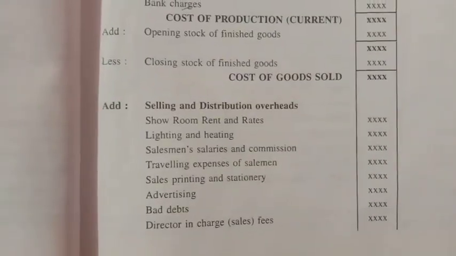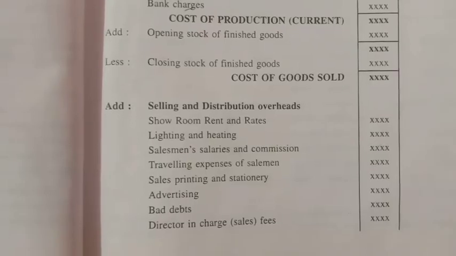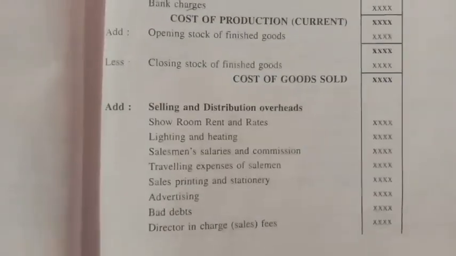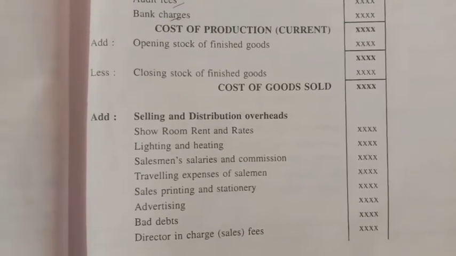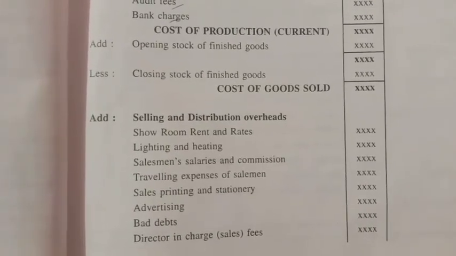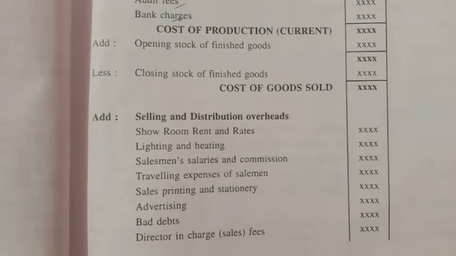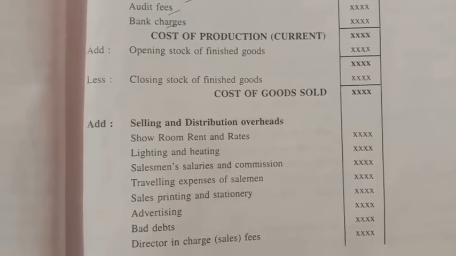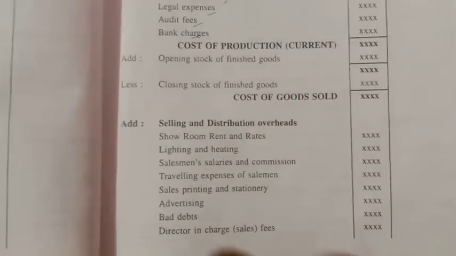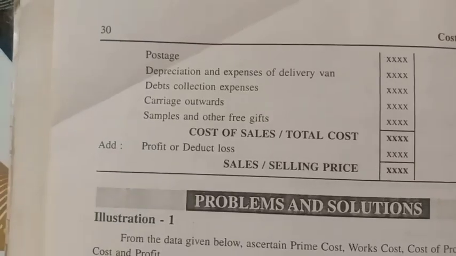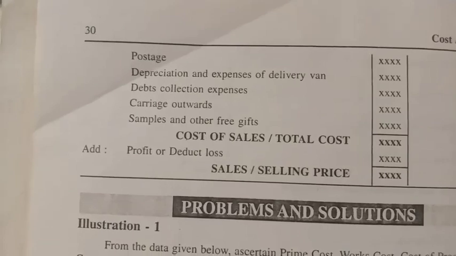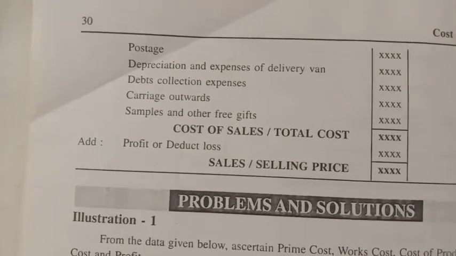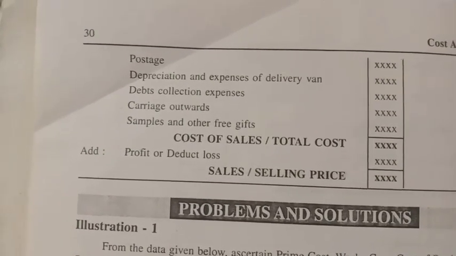See that selling and distribution overheads: showroom rent and rates, lighting and heating, salesman salary and commission, traveling expense of salesman, printing and stationery, advertising, bad debts, director in charge, sales fees, then postage, depreciation and expenses of delivery van, debt collection expenses, carriage outward, samples and other free gifts.